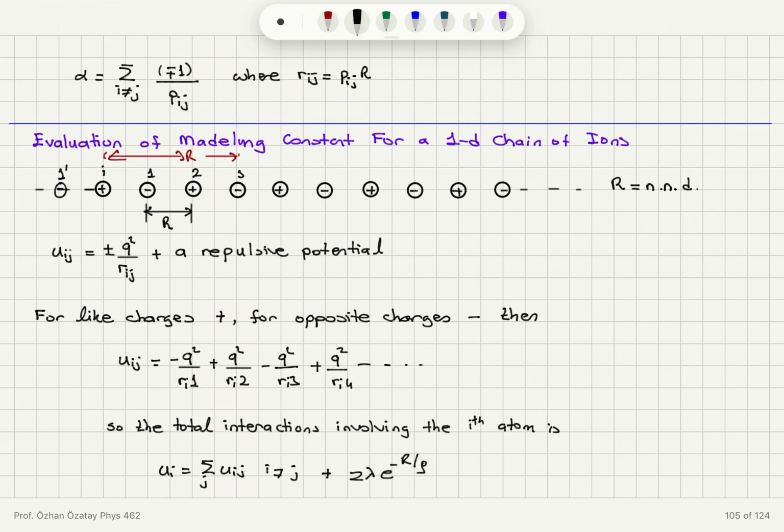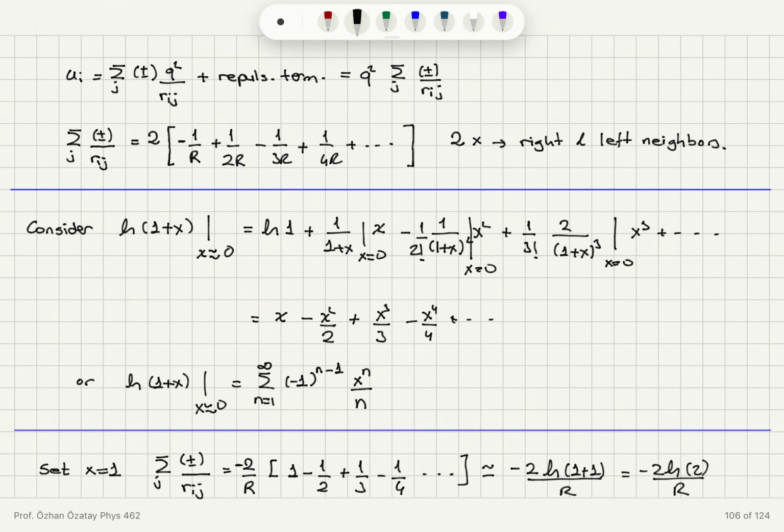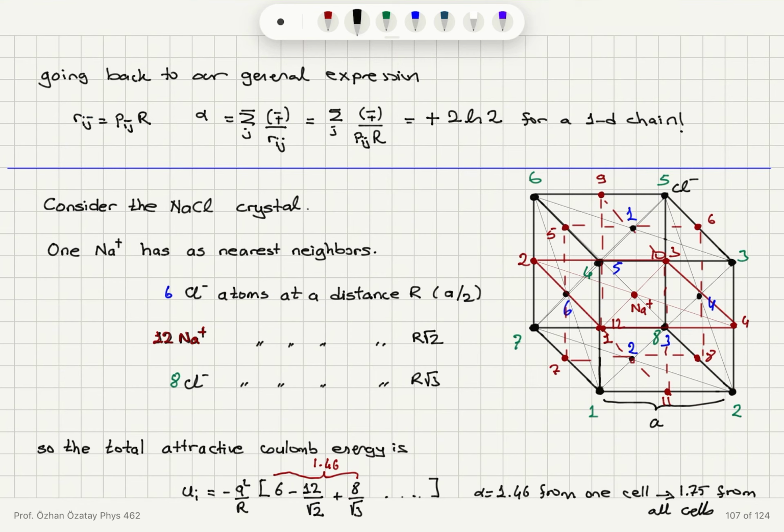We have calculated the Madelung constant for a one-dimensional chain, and using the Taylor series expansion of the natural logarithm of 1 plus x around x equals 0, we found an approximate answer of 2 log 2. For the sodium chloride crystal, we have carefully examined the positions of the nearest neighbors, where we find that r root 2 and r root 3 are the second nearest neighbor and third nearest neighbor distances.